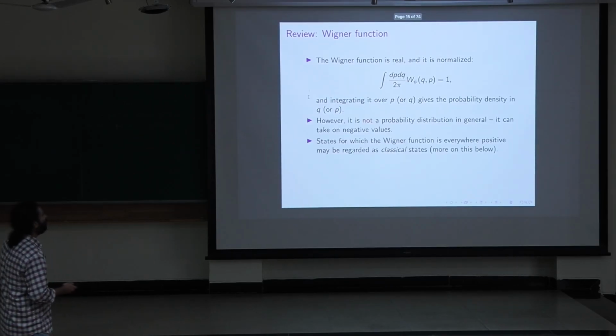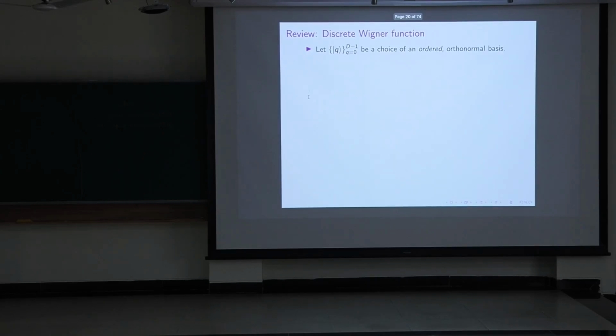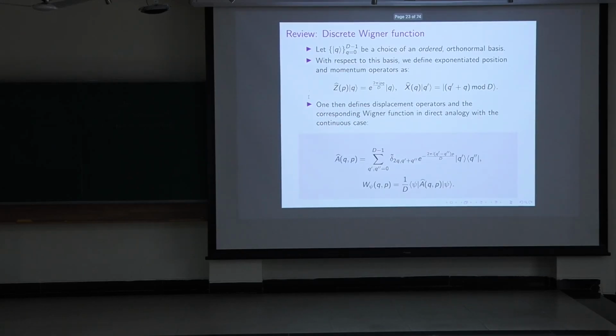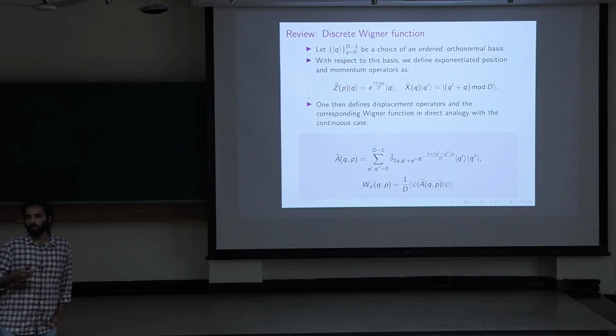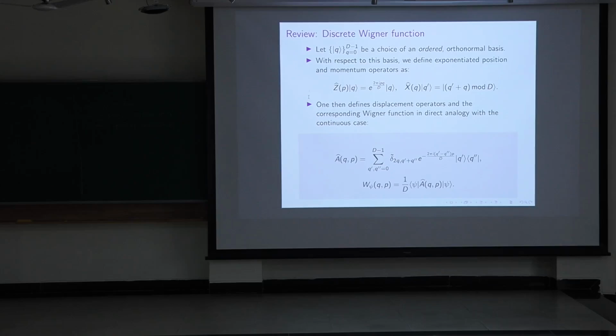The analogy runs much deeper. I'm just showing you this at the level of the formula, but you can in fact even write this phase point operator in terms of the corresponding displacement operators that you build out of Z hat and X hat in the same way. So at least roughly you can see that this object is constructed in the same way that you might have constructed it in the continuum case. So there you have it.